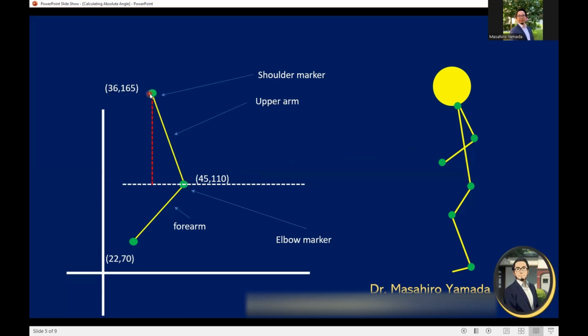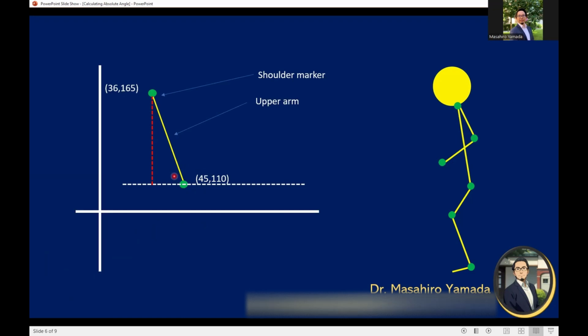Once you have a right triangle, you just use a trig function to obtain this angle. You know that this angle is 180, so after solving for this angle, you just need to do 180 minus the solved angle. How do we do that?